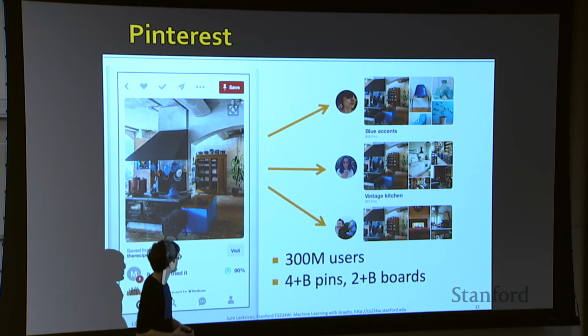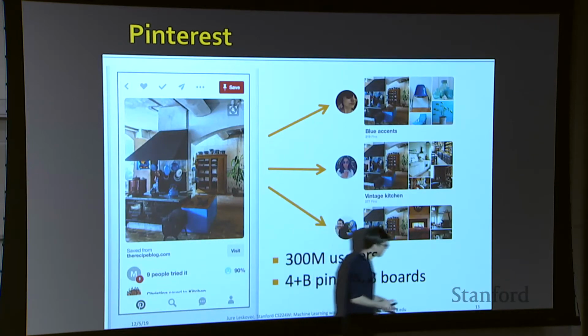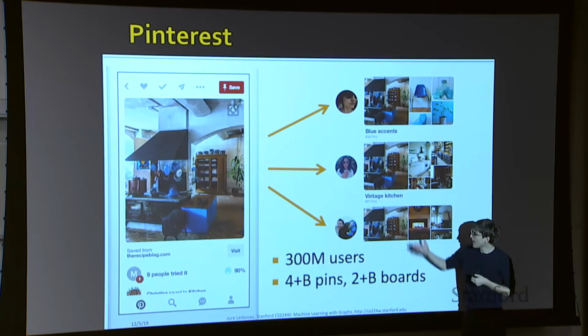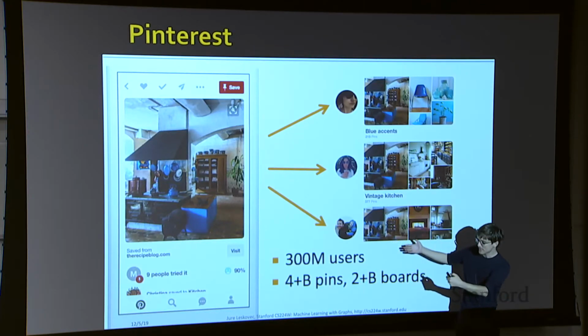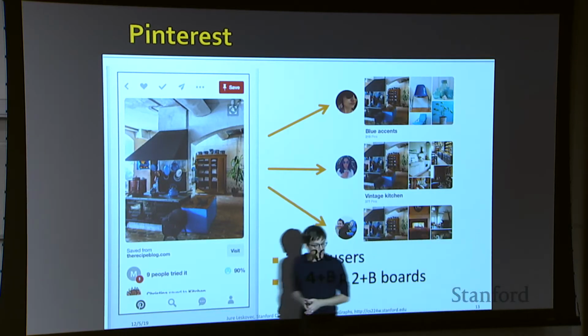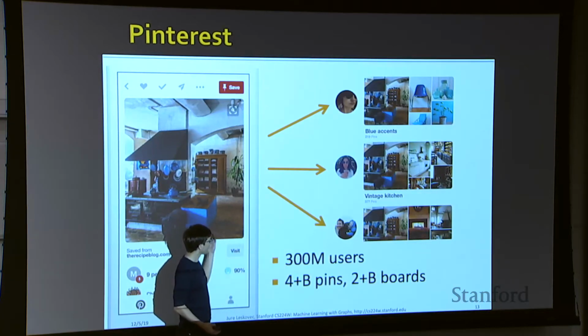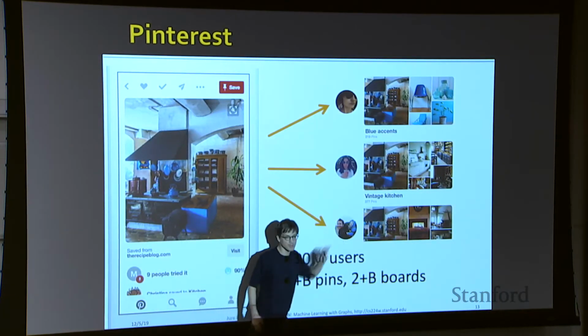in some architectural scene. And my friend Ben here, maybe he created a board about fireplaces, and again, this image fits into this collection of fireplaces because this is a fireplace, right? The idea is that you have about 300 million users who are constantly taking images and saving them into collections.